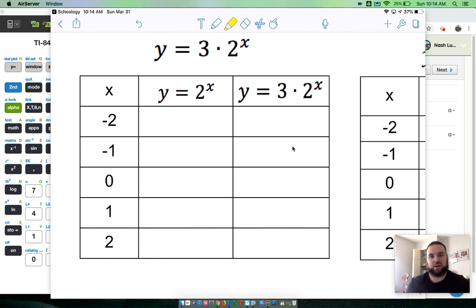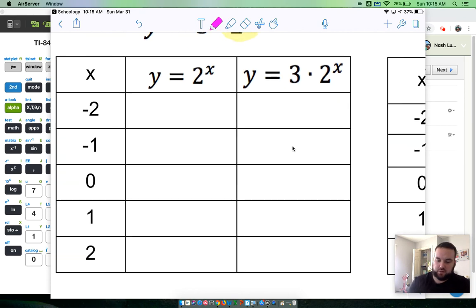If I asked you what's the parent function of y equals 3 times 2 to the x, most of the time we're used to the parent function being void of numbers, like y equals x squared, y equals square root x, y equals x to the third. In this case, since the exponent is x, it has to include the number 2 as well. So the parent function is actually y equals 2 to the x.